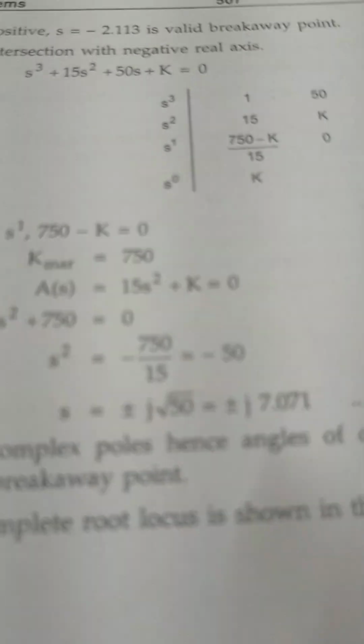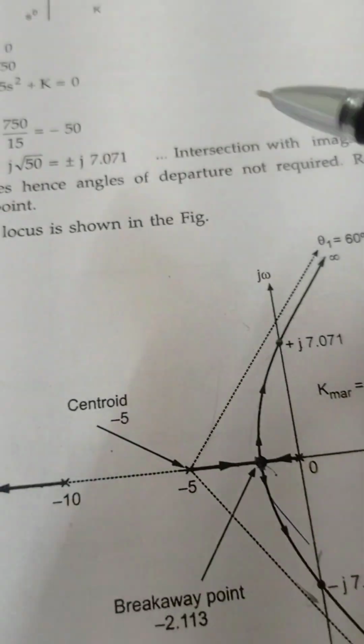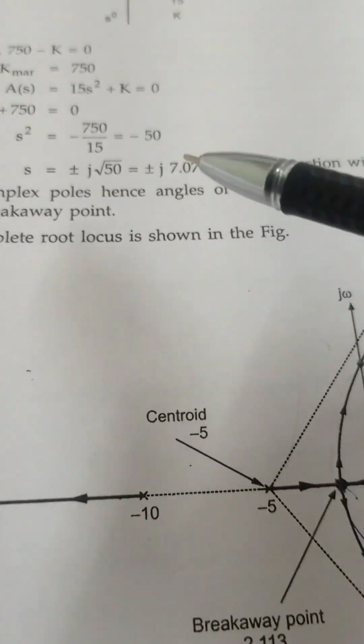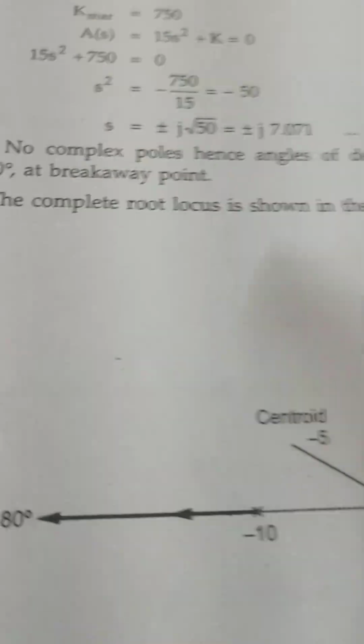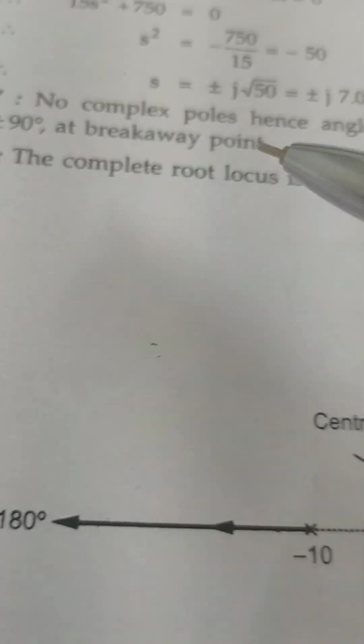The values of intersection with the imaginary axis are plus or minus j 7.07, at an angle of 90 degrees. Here they are written: you see the breaks at plus or minus 90 degrees at breakaway.